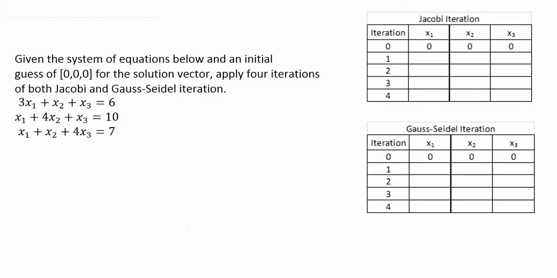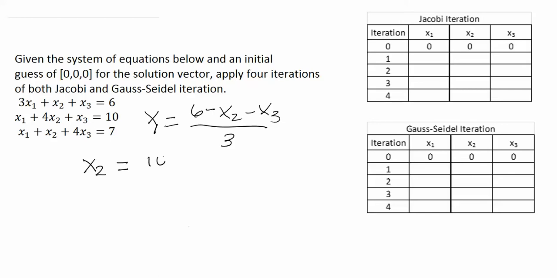So we'll start off by rewriting equation 1 for x1. We have x1 is equal to 6 minus x2 minus x3, all divided by 3. Now we'll have x2, which we write using equation 2.